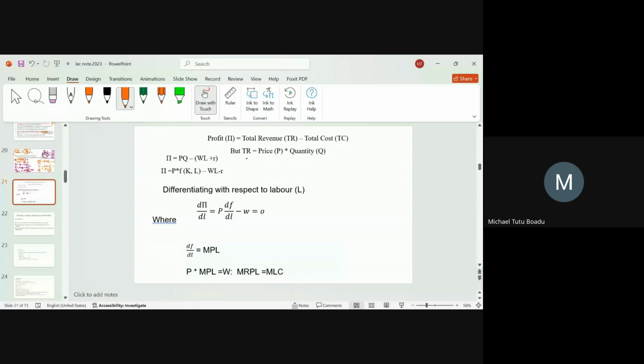If you are using this, then you are saying that your Q is a function of both K and L. The first one I did, it is a function of only L, but you still get the same answer.